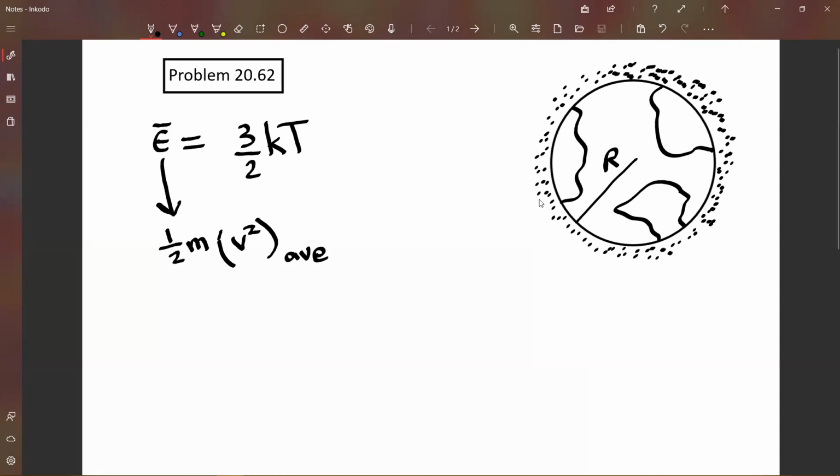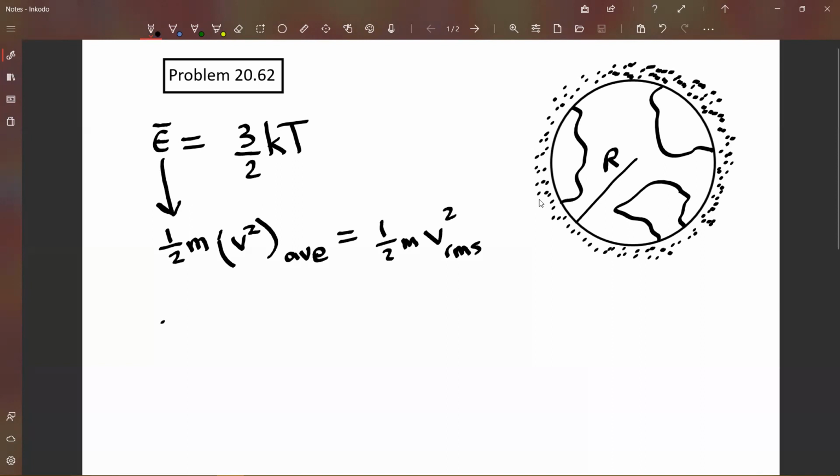And that can be written as 1/2 times the mass of each particle times the square of the root mean square speed, VRMS. Subtle difference there. This is the average value of speed squared in parentheses, no parentheses over here. So this is the square of VRMS.